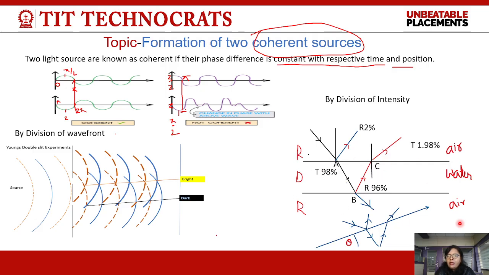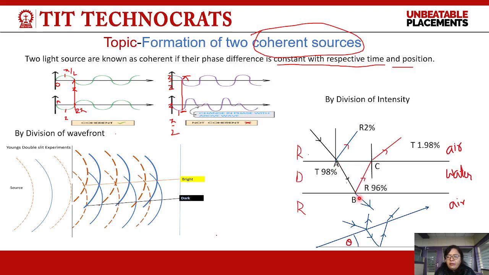So how are two coherent sources formed with the help of a thin film? As you have seen here, if a light ray is incident on point A, a small amount of the light is reflected from here, and a small amount of the light is transmitted. Whenever light is incident on a transparent medium, not an obstacle or a translucent medium, minimum energy is reflected and maximum energy of the light is transmitted.